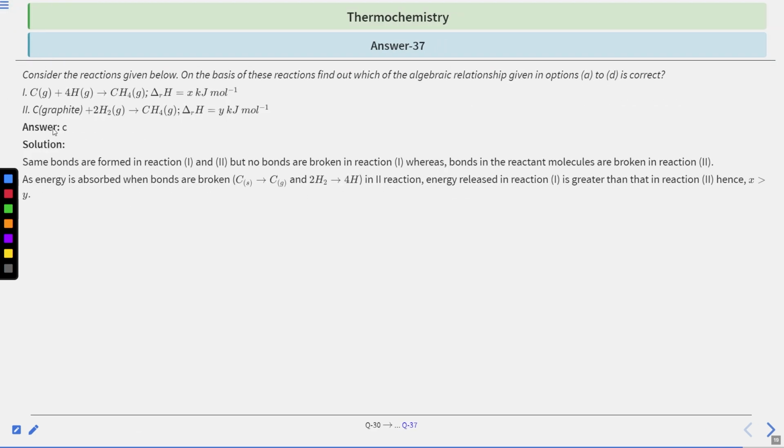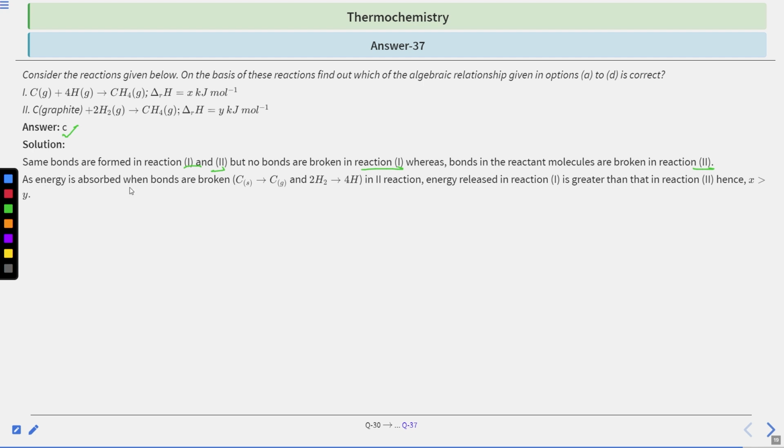Okay, so the correct answer will be option C. The same bonds are formed in the first and second reactions, but no bonds are broken in the first reaction. In the first reaction, our reactants are in elemental form, so no bonds are breaking, right? Whereas bonds in the reactant molecules are broken in the second reaction. Like 2H2 giving you CH4, so 2H2 will become 4H first, right?